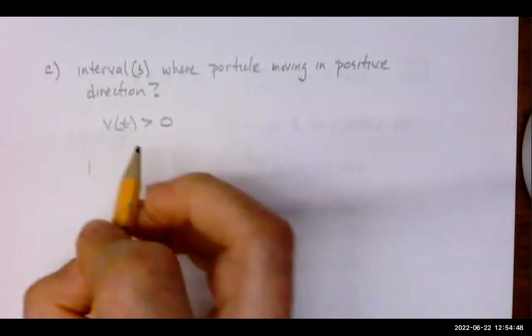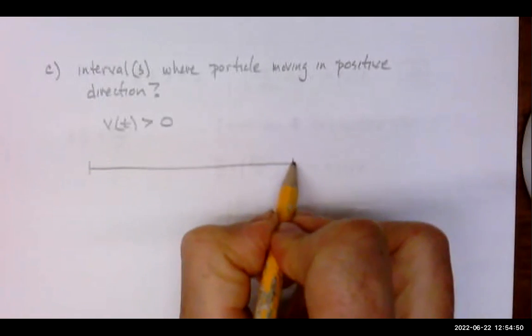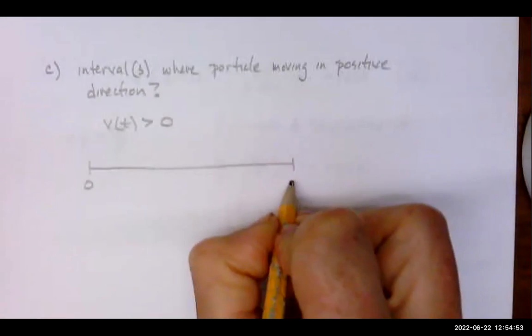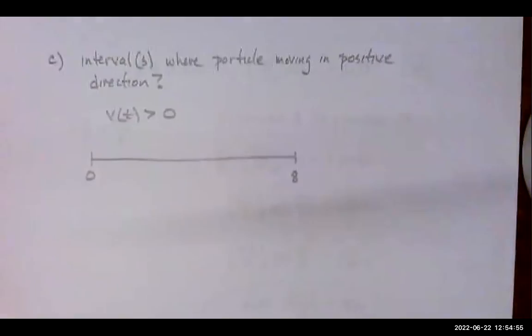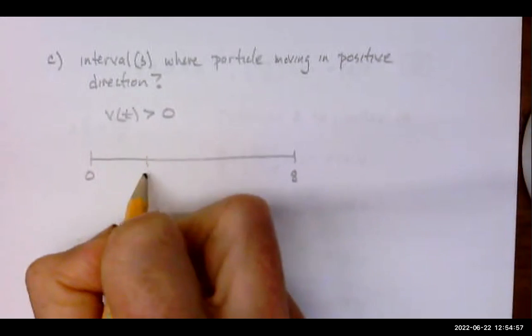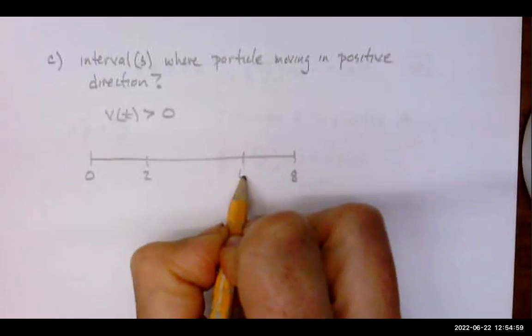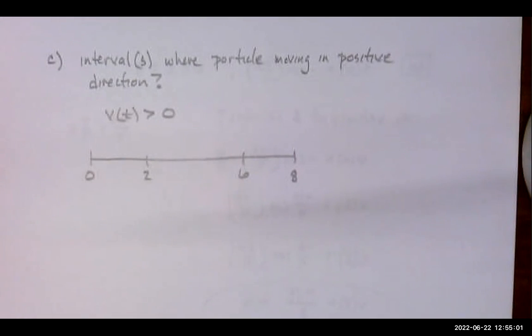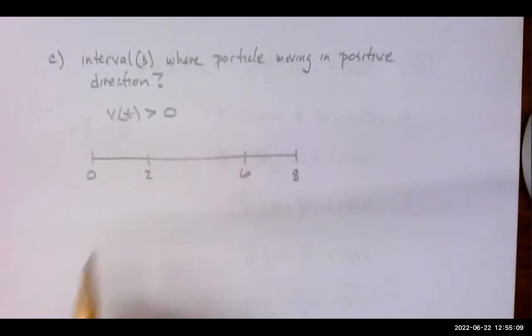Let's think of a timeline from 0 seconds to 8 seconds. And I'm going to mark off 2 seconds and 6, because I know that's when the velocity equals 0. If these are the only two times where it equals 0, then it's probably changing direction.